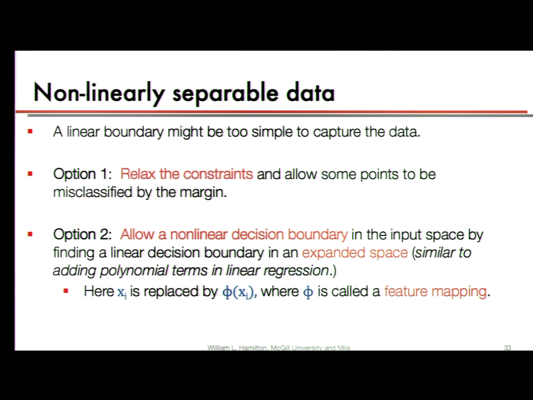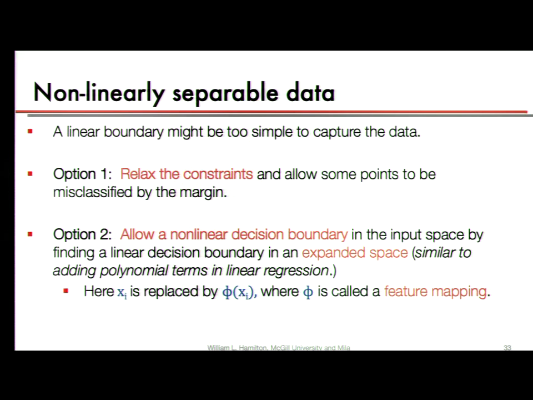We just have to have data that's pretty separable, and we have some tolerance for making mistakes. Now the second thing we're going to do is allow nonlinear decision boundaries. So far, we went from a hard SVM to a soft SVM, but it's still a soft linear SVM. It's still a linear decision boundary.